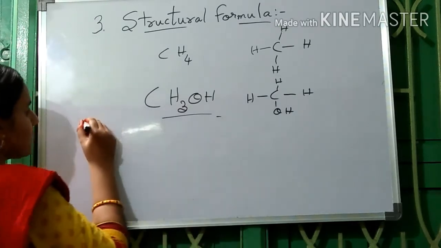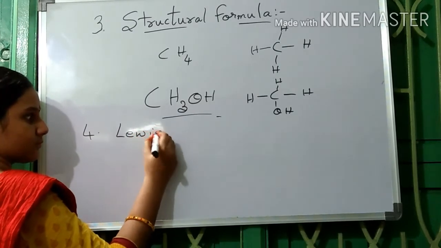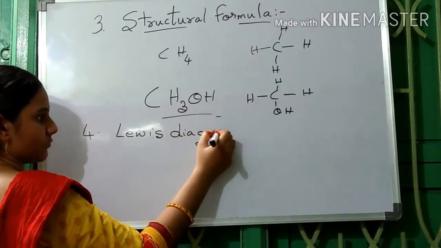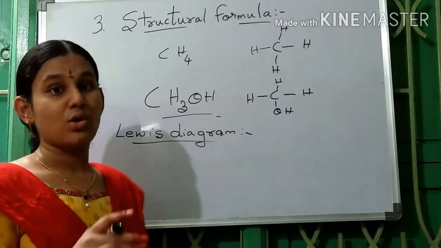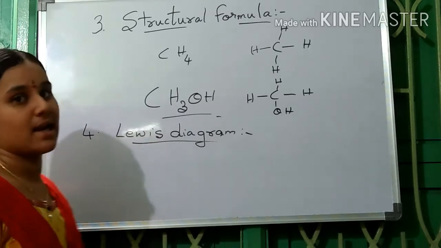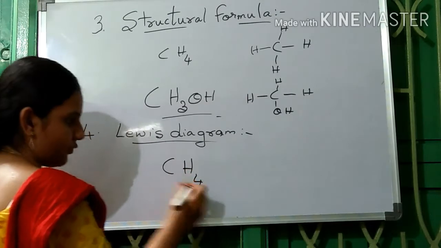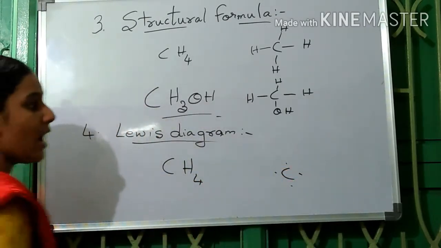Now, the next one is the Lewis diagram. This formula shows the sharing of the valence electrons between the atoms. Let us take the simplest example of CH4. Carbon has 4 valence electrons like this.